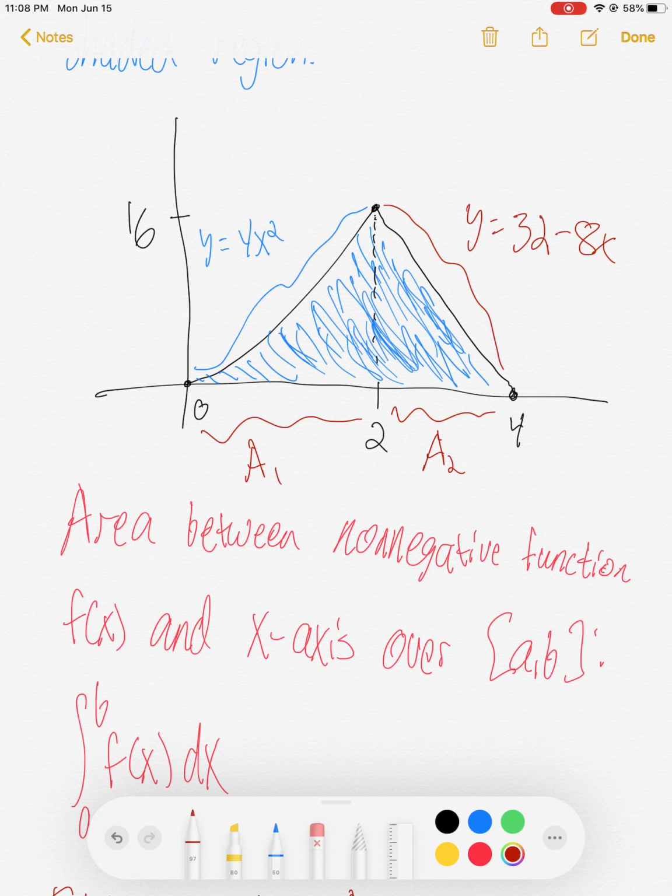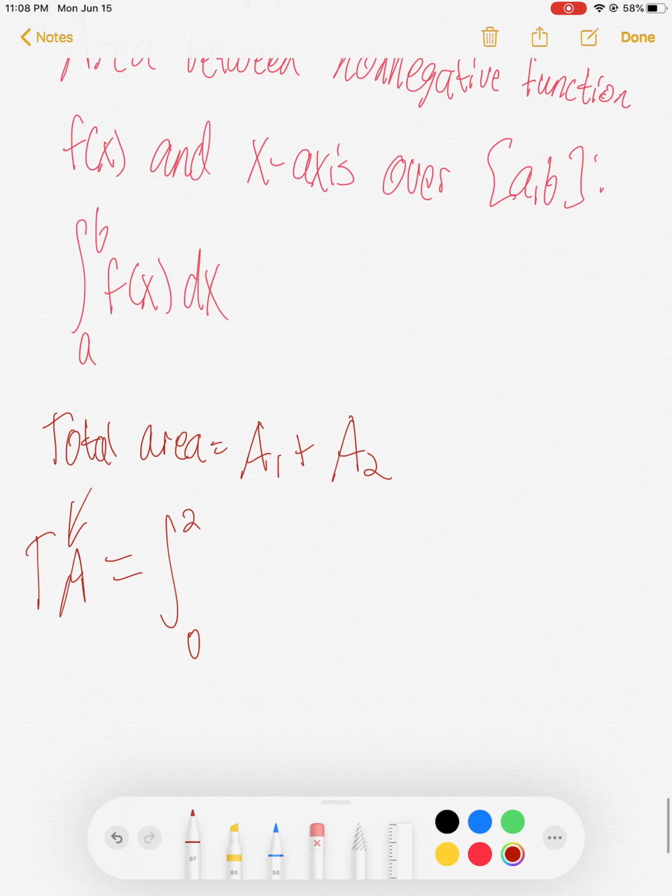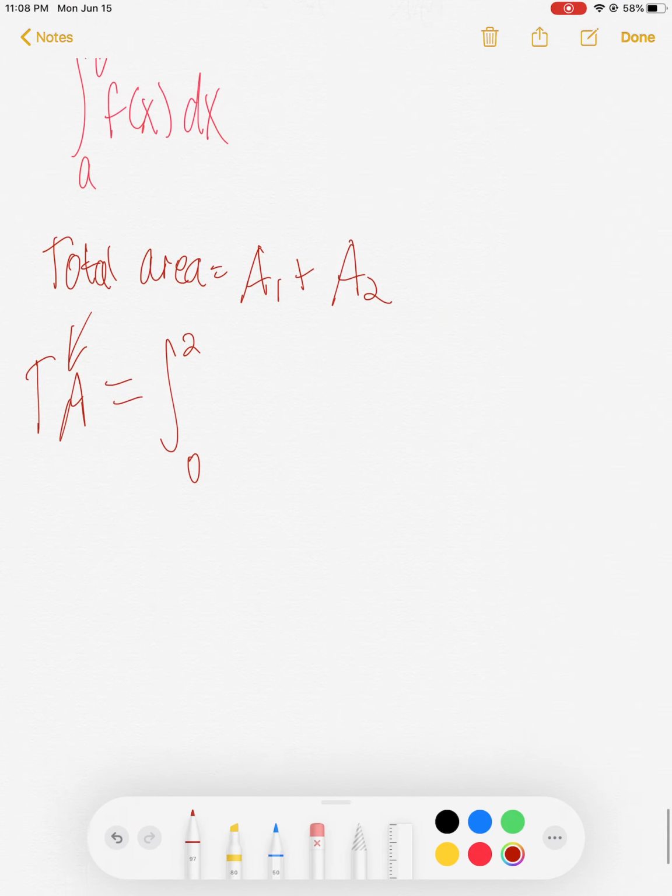It's the area on this first half plus the area on the second half. I'll just write TA for total area, not TA for teaching assistant Bailey. So this is going to be area 1 plus area 2.